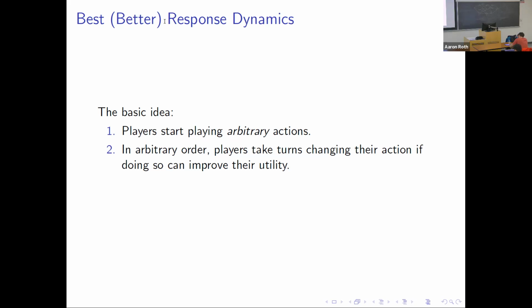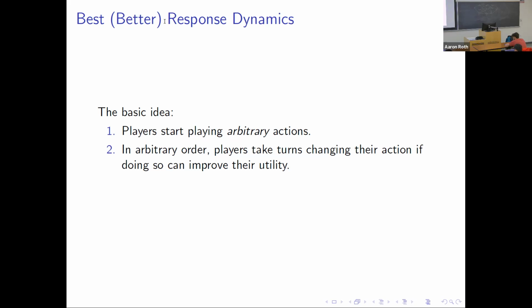And so in arbitrary order, players will take turns changing their action if there's an action that they can switch to that will improve their utility. Okay, and just emphasizing the things that are underspecified here. I'm thinking about a sequential dynamic where people are changing their strategy in order, but it doesn't matter what that order is. And I'm not assuming necessarily that they're changing their strategy to their exact best response, that they're playing the thing that exactly minimizes their cost.